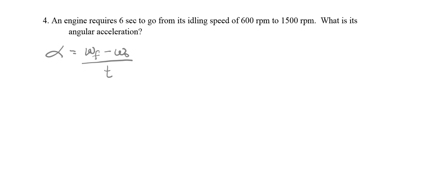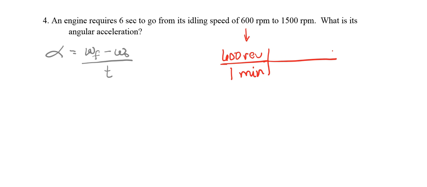Now, angular velocity is in radians per second. The information we have is in revolutions per minute, so we're going to be converting again to get to radians per second. We'll do one at a time. I'm going to start with the 600 revolutions in 1 minute.